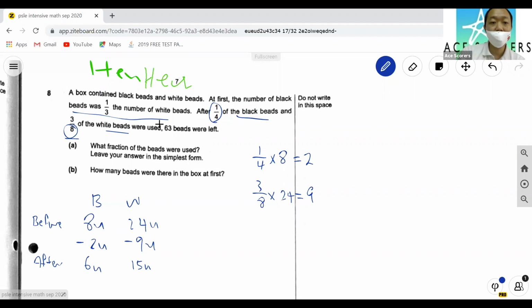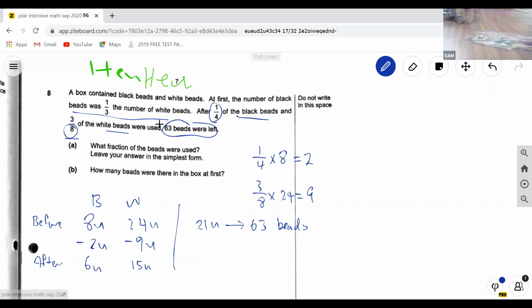So 21 units represent 63 beads. So what's 1 unit? 3.